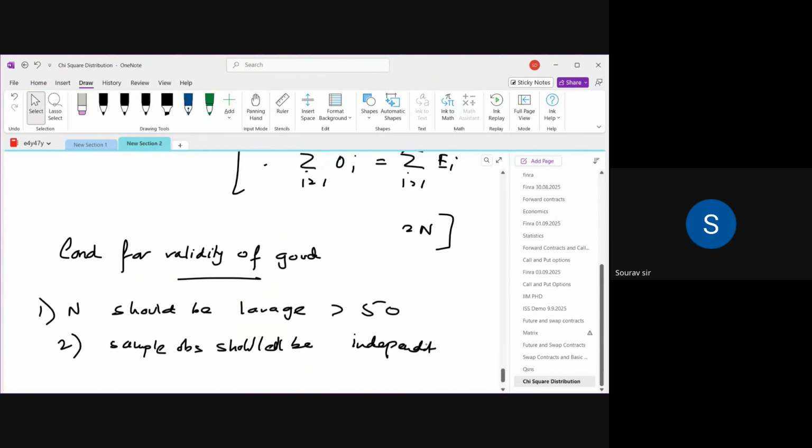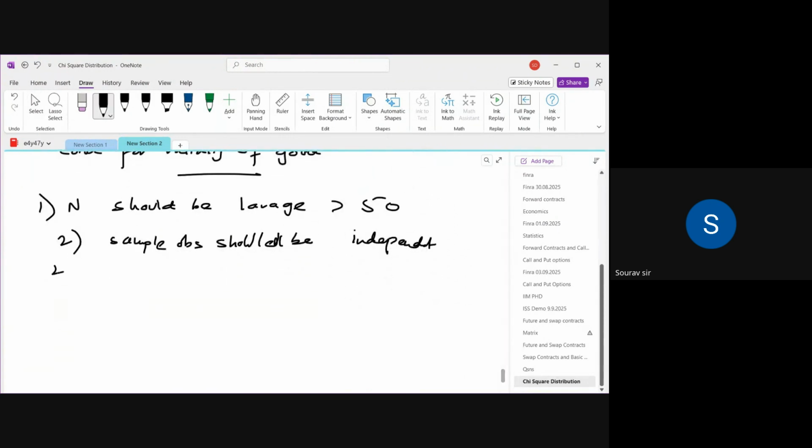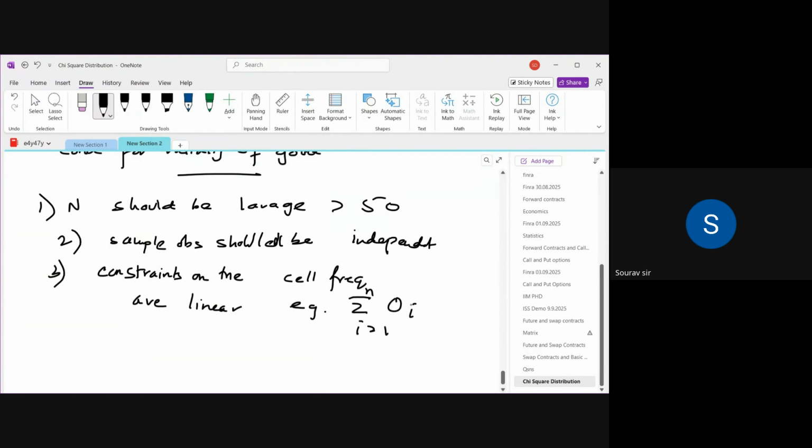Next, the constraints on the cell frequencies are linear, like summation of Oi equals summation of Ei equals n.